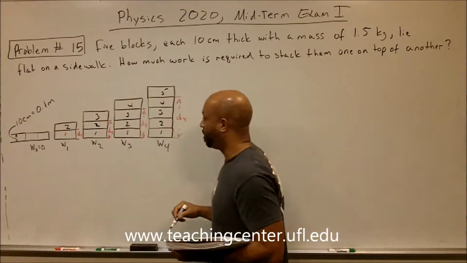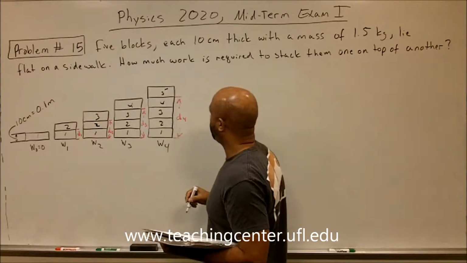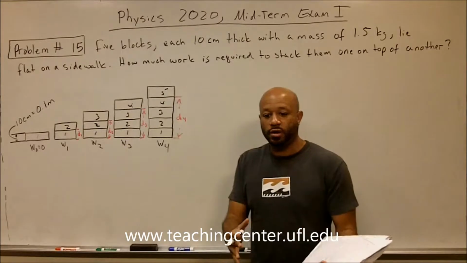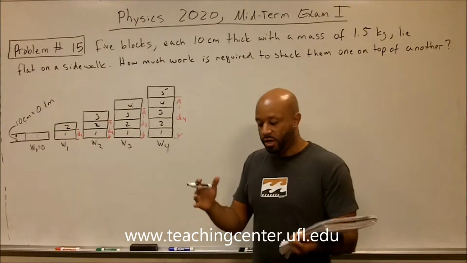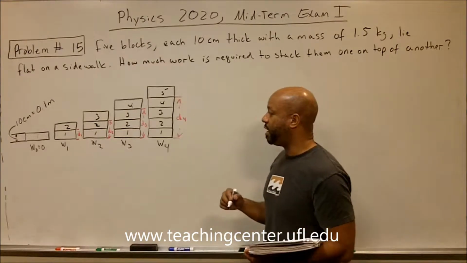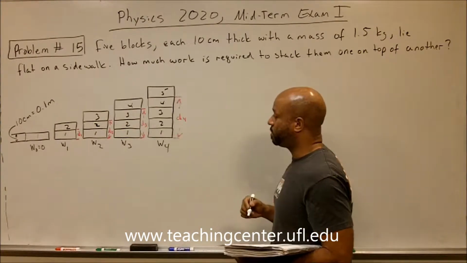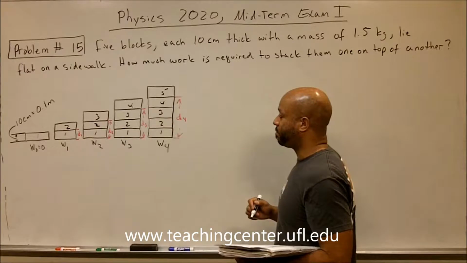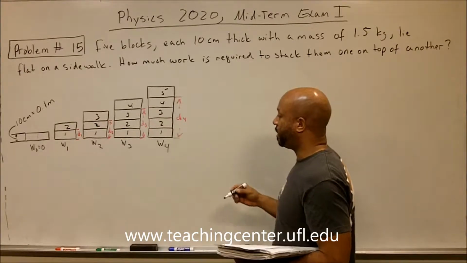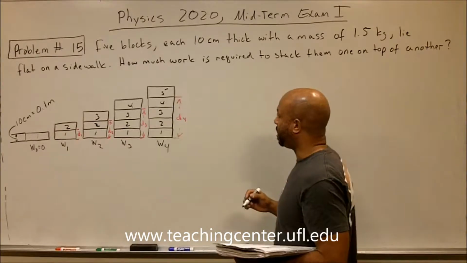Basically, we're going to take one block, stack it on another block, then take another block and stack it, and we're going to keep doing that until we get 5 blocks high. And so what we need to determine is the total amount of work it takes to stack these blocks.